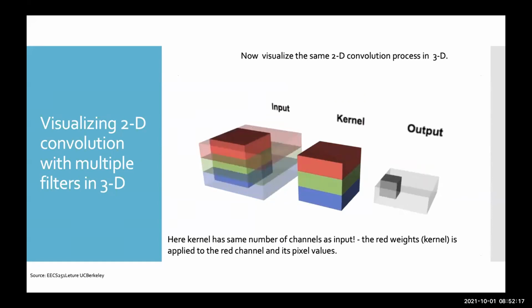I think this is a really nice visualization that shows how you can think of the kernel as 3D and your input also as 3D, and you're just scanning this 3D kernel along your 3D input.